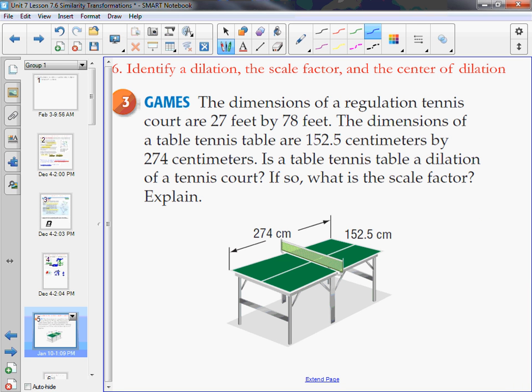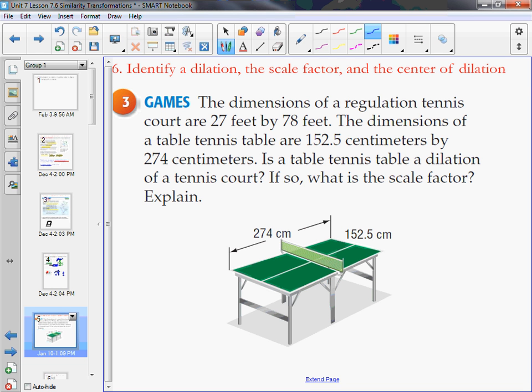All right, number 3. The dimensions of a regulation tennis court are 27 feet by 78 feet. The dimensions of a table tennis table are 152.5 centimeters by 274 centimeters. Is a table tennis table a dilation of a tennis court?